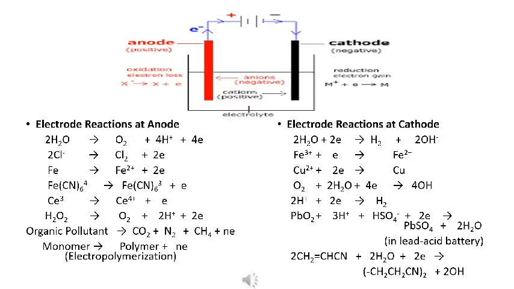So the anion in the solution, the negatively charged species, will approach the positively charged anode. But the cation, the positively charged ion, will move towards the negatively charged surface of the cathode. So the attraction will occur, so the oxidation will occur at the anode and the reduction will occur at the cathode.